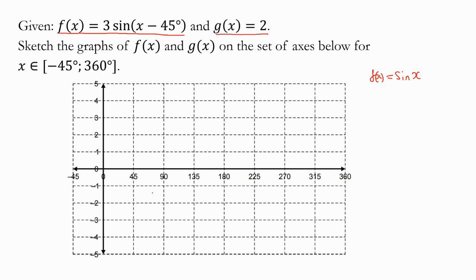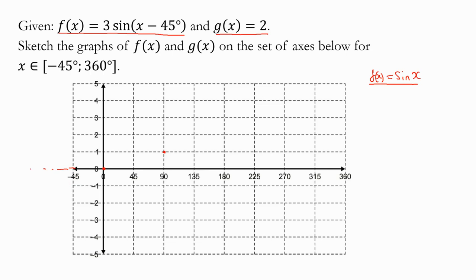So we know the graph of sine x. We know the critical points, isn't it? At 0 it is 0, this is its y-intercept, and then at 90 it is 1. Because we have the negative side also, let me include the negative side here.